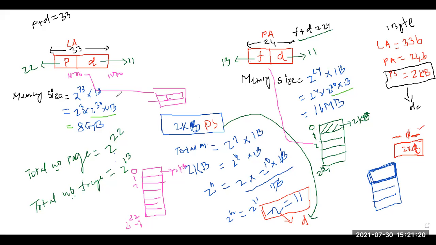Is it clear to all of you what we have done? What is given? The number of bits for the logical address, the number of bits for the physical address, and the page size are given. From that we can calculate the maximum memory supported for main memory, the maximum memory supported for secondary memory, the number of bits used for the offset address, for the pages, and for the frames.